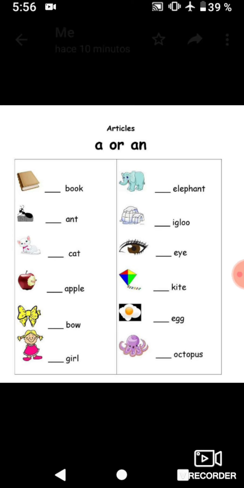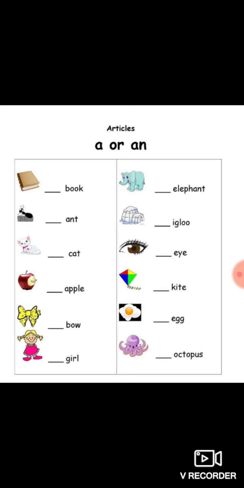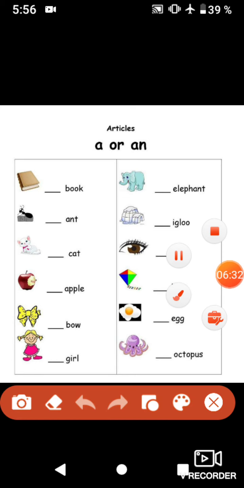So right now we are going to have some examples in which you will also be able to answer those exercises. We have the first one and we are going to say a or an: a book or an book. We are going to say a book. Perfect.